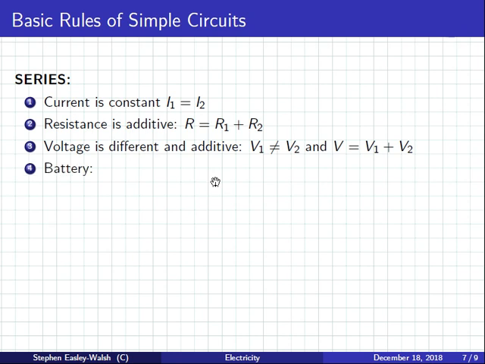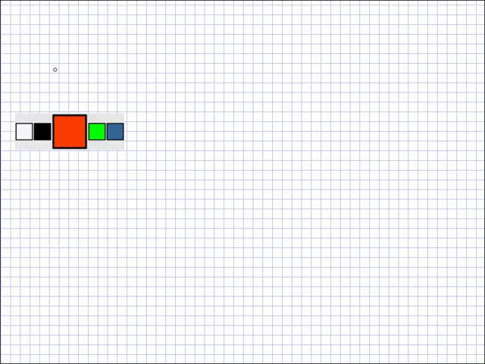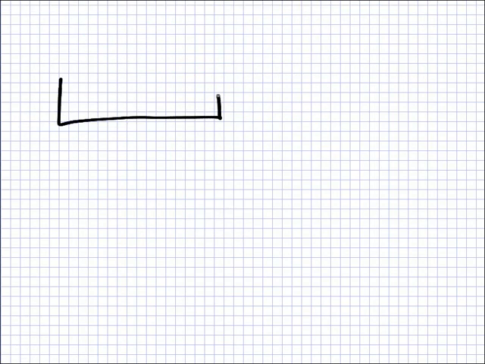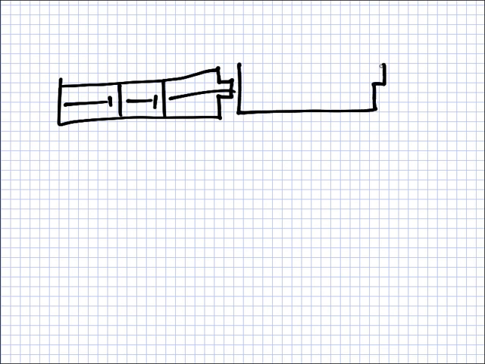Battery. Plus with minus causes an increase. Let me explain with a picture. So here's your battery. The reason we call it a battery is because maybe inside there's 2 cells. And you connect it with another battery, maybe also 2 cells.